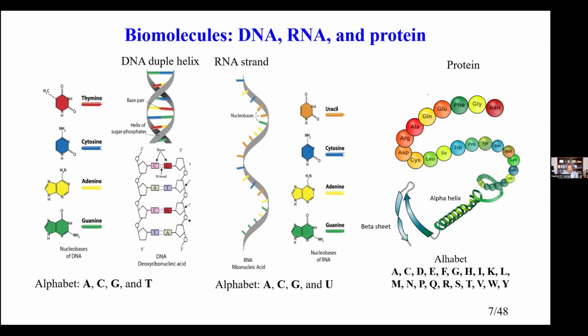So when you are working in bioinformatics, you may not find uracil, but instead you will find T. And the reason is that you must convert it into complementary DNA, because RNA is not stable. It's a very easy target for enzymes like RNase. High temperature and some chemicals will degrade it.